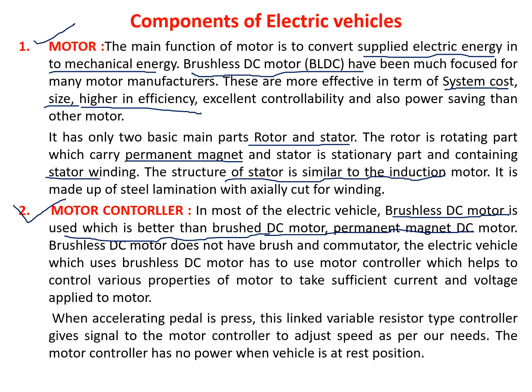Brushless DC motors do not have a brush and commutator. The electric vehicle which uses a brushless DC motor has to use a motor controller, which helps to control various properties of the motor, to take sufficient current and voltage applied to the motor.